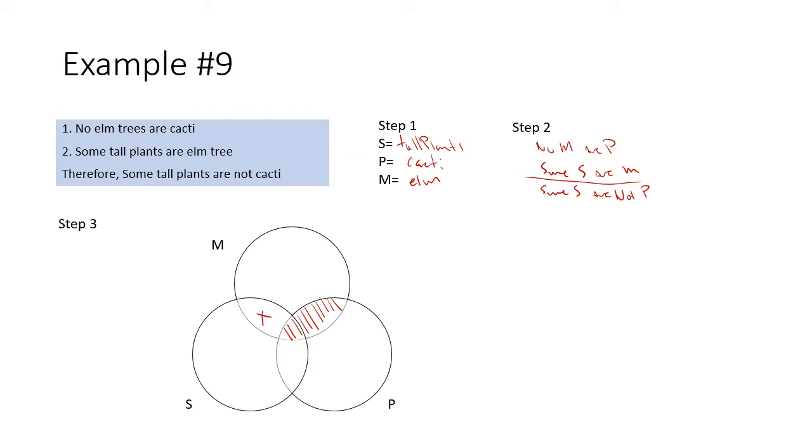Can't go in the middle because the middle is empty. So does that give us a picture of the conclusion? Yes, it does. The conclusion is some S are not P. So you would need an X that's in the S circle, but not in the P circle. And we have that, so this argument is valid.